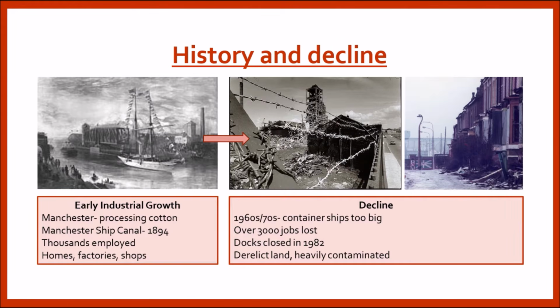Unfortunately, it did not last long, as in the 60s and 70s, large container ships that were developed could no longer use the Manchester Ship Canal, and the area unfortunately fell into decline. 3,000 jobs were lost, and the docks closed in 1982. The land that was left behind was derelict and polluted. There were high rates of unemployment and crime that followed, and the area fell into social, economic, and environmental decline.